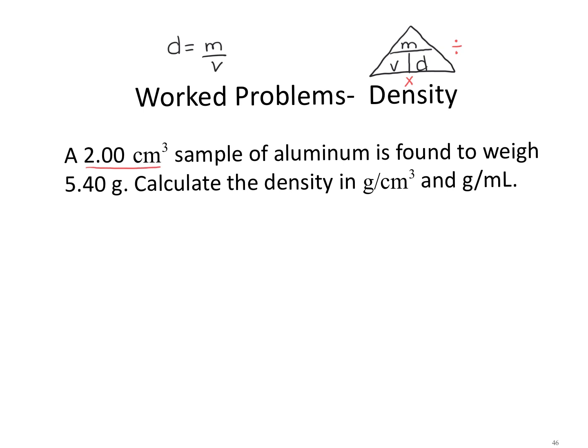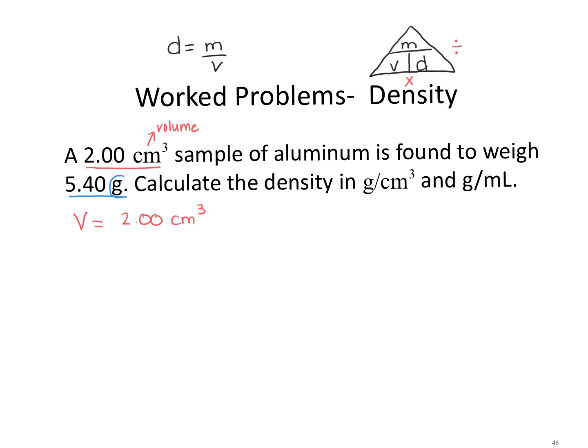So when we look at this, we say, okay, for context clues, I want to pull out all the numbers. We've got a 2 centimeter cubed sample. I know that centimeter cubed tells me this is the volume. Those are units that tell me it's the volume. So I can say, okay, I know the volume equals 2 centimeters cubed. My next context clue I run into is the mass, which is here, 5.40 grams.